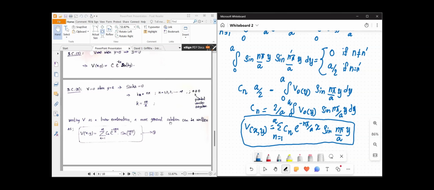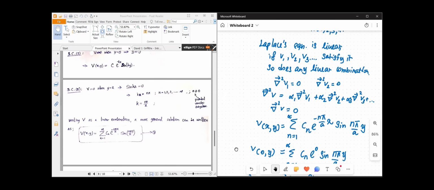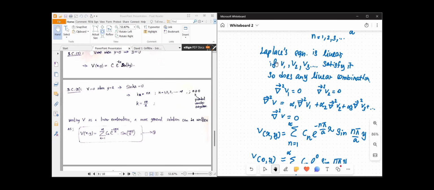So we can write a general solution considering the fact that the Laplace equation is linear. Which means if each of these potentials V1, V2, and V3 satisfies this Laplace equation, so does any linear combination.